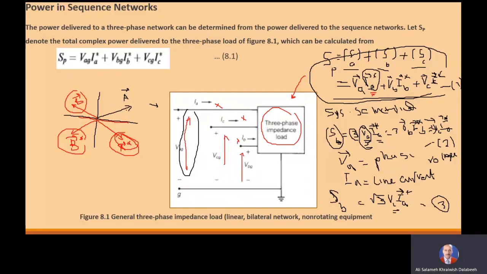You see that the two vectors, vector A and the conjugate of A, are equal in magnitude, but the angle is different. This is angle theta, and this is minus theta.